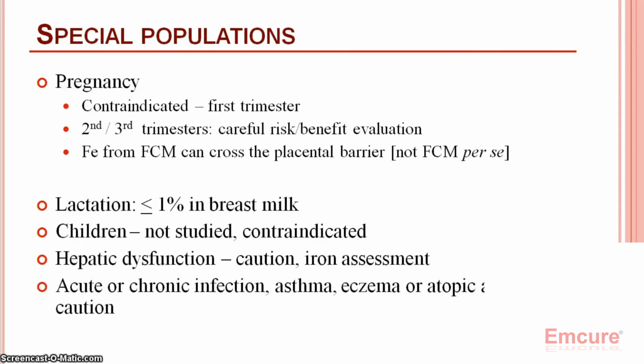Now pregnancy, it is contraindicated in the first trimester. In the second and third trimester, careful risk versus benefit has to be evaluated, and then only it can be given to the population. Iron from FCM can cross the placental barrier. Less than 1% is secreted in the breast milk. In children, it has not been studied and it is not contraindicated.